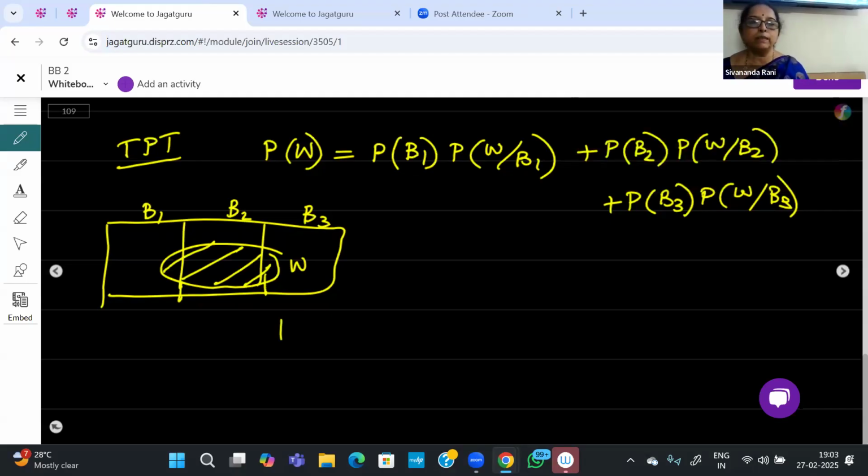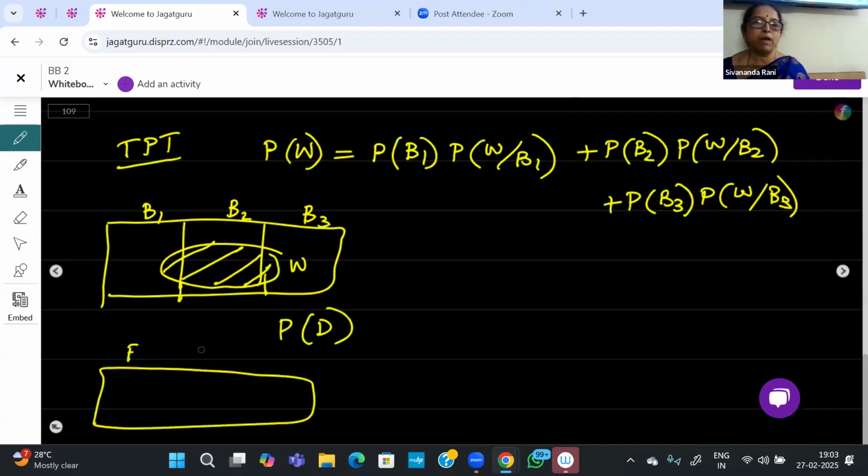Another way of looking at this is when there are many factories, say F1, F2, F3, 3 factories, and all of them inevitably produce some defective items. So the defective items are part and parcel of F1, F2, F3. Some of their units are defective.